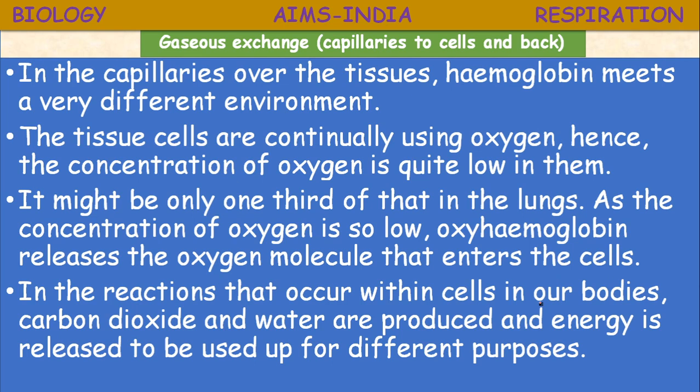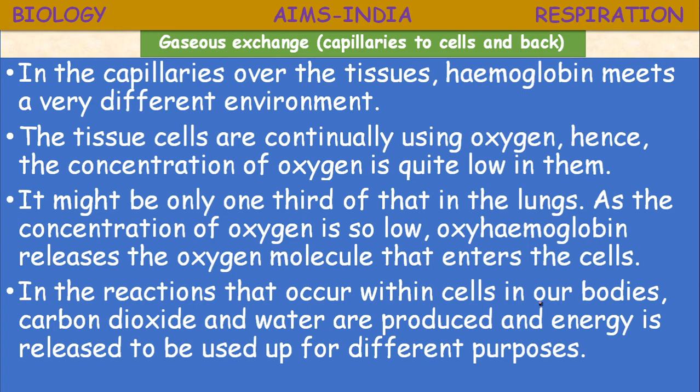In the reactions that occur within the cells in our bodies, carbon dioxide and water are produced and the energy is released to be used for different purposes. So what happens inside the cells? Cellular respiration takes place, where the oxygen combines with substrates, for example glucose combines with oxygen to form carbon dioxide and water.